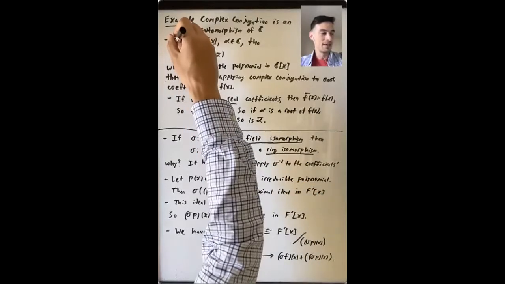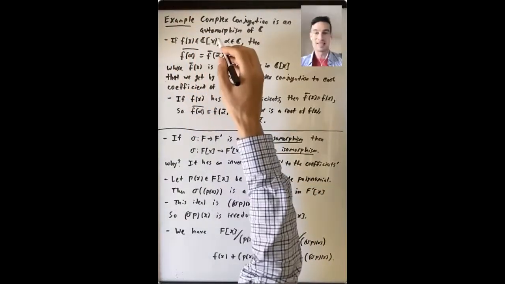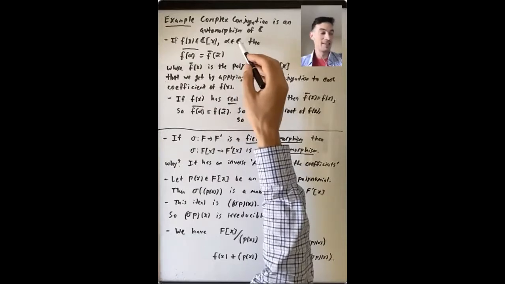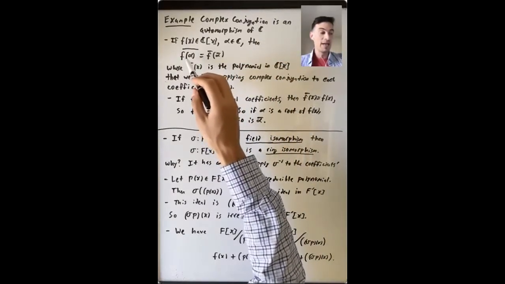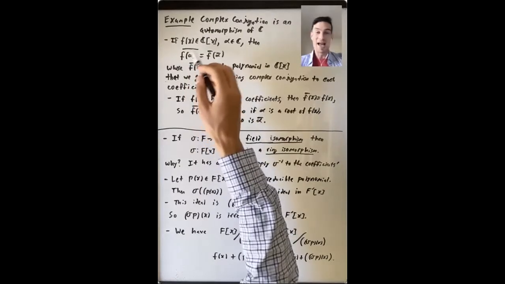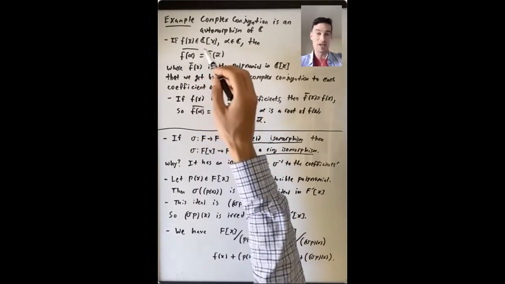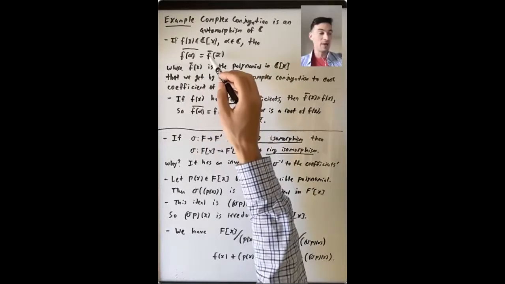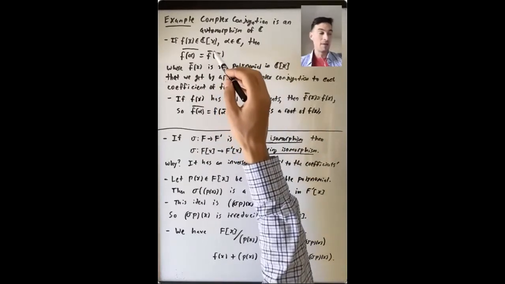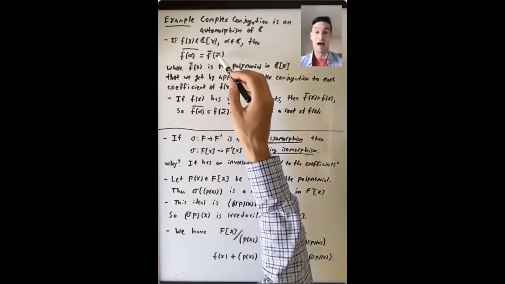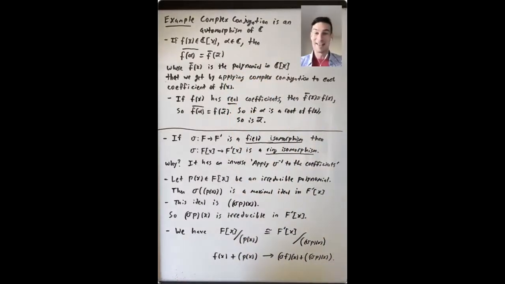If f of x is in C bracket x and alpha is an element in C, then what we've just seen is that if we take f of alpha and then apply complex conjugation, it's the same thing as if we take the conjugate of f and apply that to the conjugate of alpha. So that's saying that sigma of f of alpha is equal to sigma of f applied to sigma of alpha.